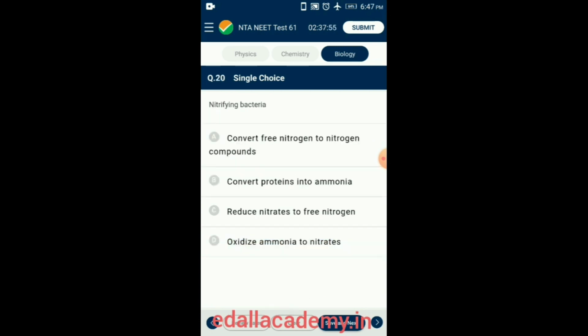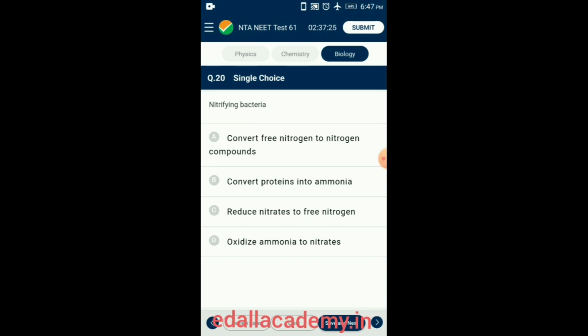Question number 20. Nitrifying bacteria. Nitrifying bacteria, one of the chemosynthetic bacteria, oxidize ammonia to obtain energy for the preparation of food. This oxidation occurs in two steps. In the first step, ammonia is oxidized to nitrite by nitrite bacteria, for example Nitrosomonas and Nitrococcus.